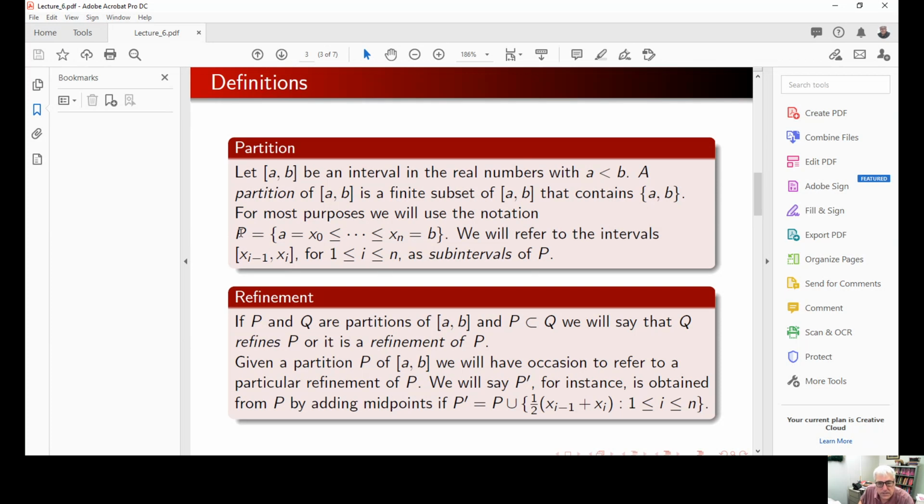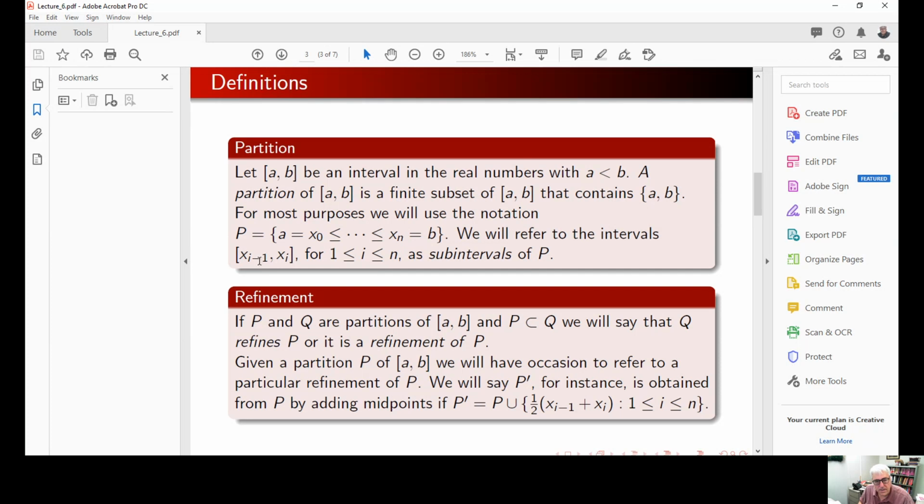So we will use a notation that P is equal to x naught less than x1 less than and so on up to xn, where x naught is a and xn is equal to b. And these points, these x sub i's, are chopping up my interval into subintervals.